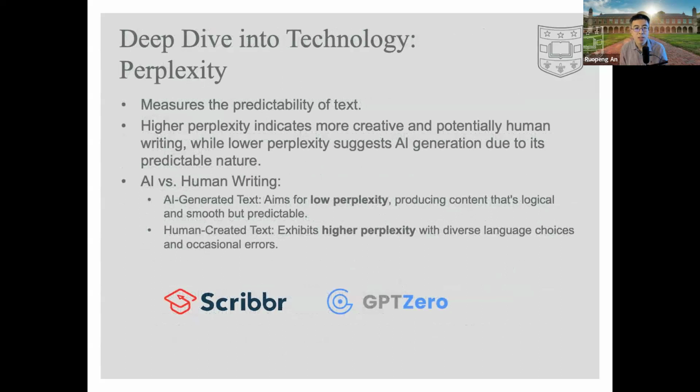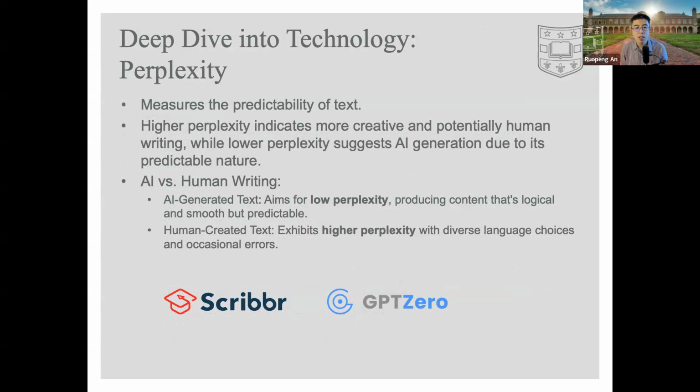And now let's dive into the AI algorithms, right? How AI tools are able to identify AI-generated text. First, let's talk about perplexity, which is a very commonly used statistics concept that is used to measure predictability of the text. So AI-written text usually has low perplexity.